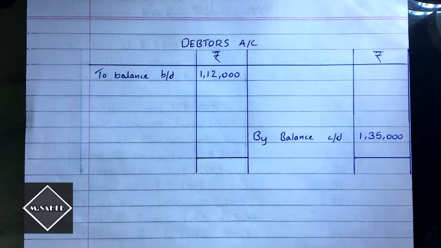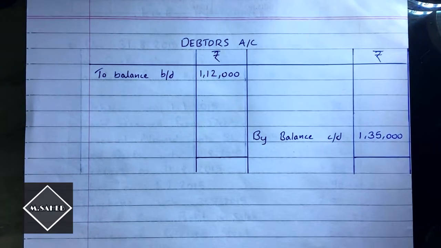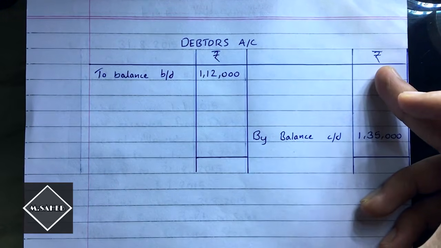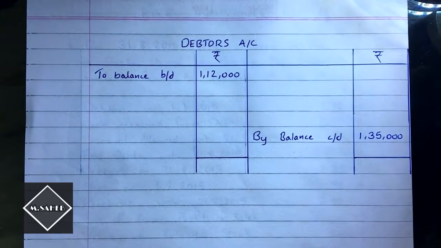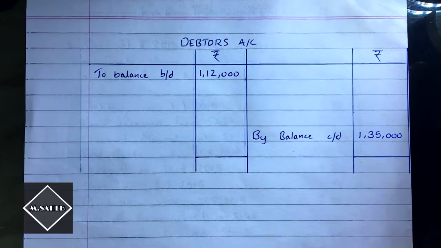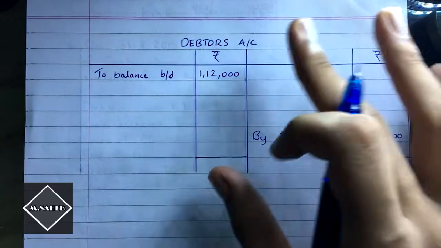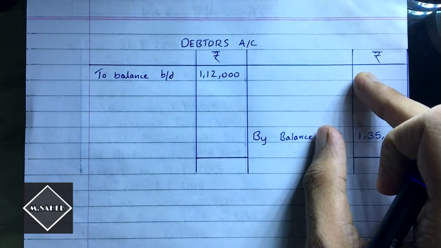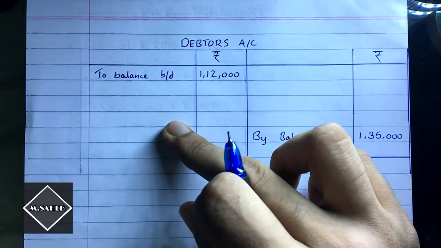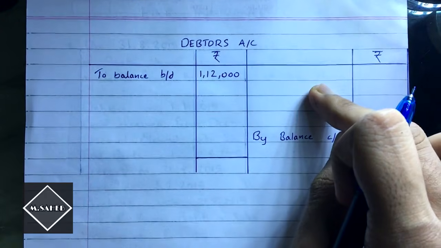In the question there is given cash received, discount allowed, bad debts. All those three will come on the credit side of the debtors account. Whatever is given in the question, such as allowance, sales return, bills receivable, all will come on the credit side of the debtors account. Nothing will come on the debit side, everything will come on the credit side.